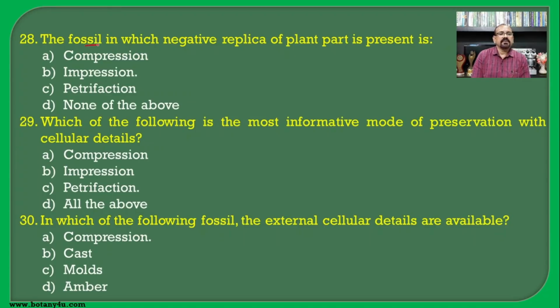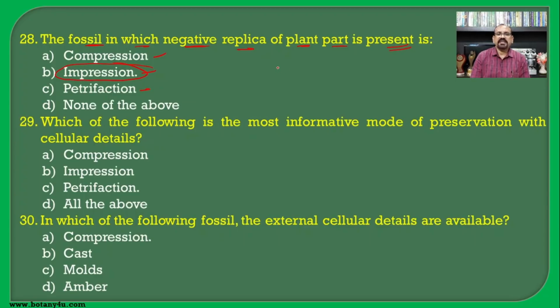Then the fossil in which the negative replica of the plant part is present. If you see the compression, impression and the petrifaction, the negative replica of the plant is found in the impression.